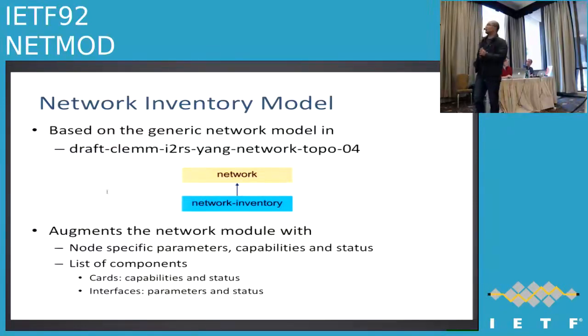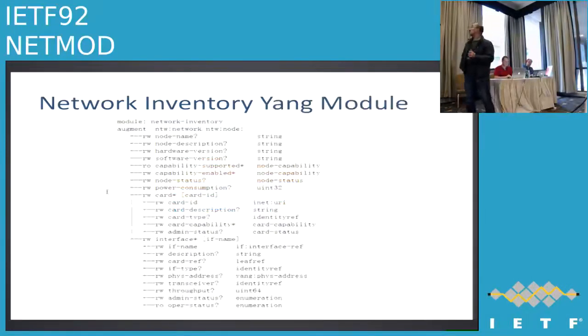Next slide. Okay, this is an overview of this inventory data model. Currently, we augment the network module and the node in the network module, including the node-specific parameters and version information and capability information of this node, and also the capability information of the card and some specific information about the interfaces.